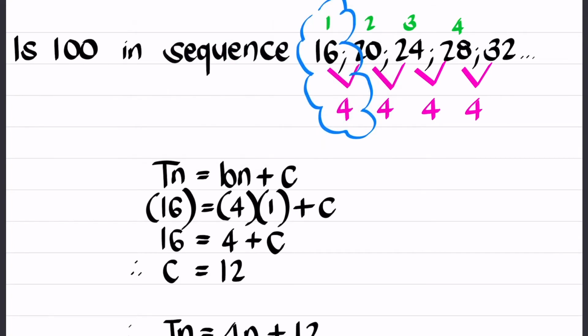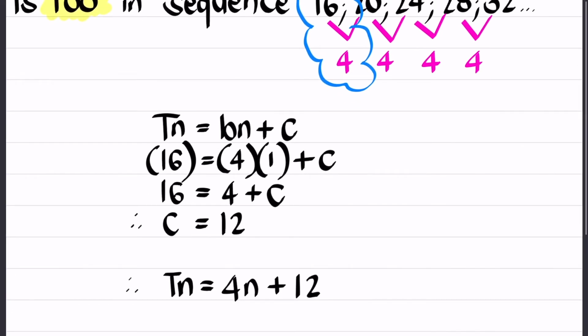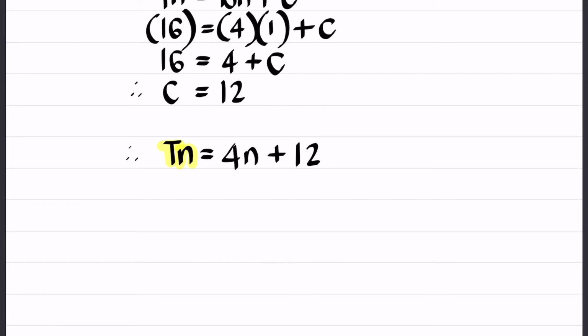But now the question asked whether the number 100 would fall in that sequence. So now we're going to replace the term value with 100. So I'm going to substitute 100 in place of the term value, equal to 4n plus 12.